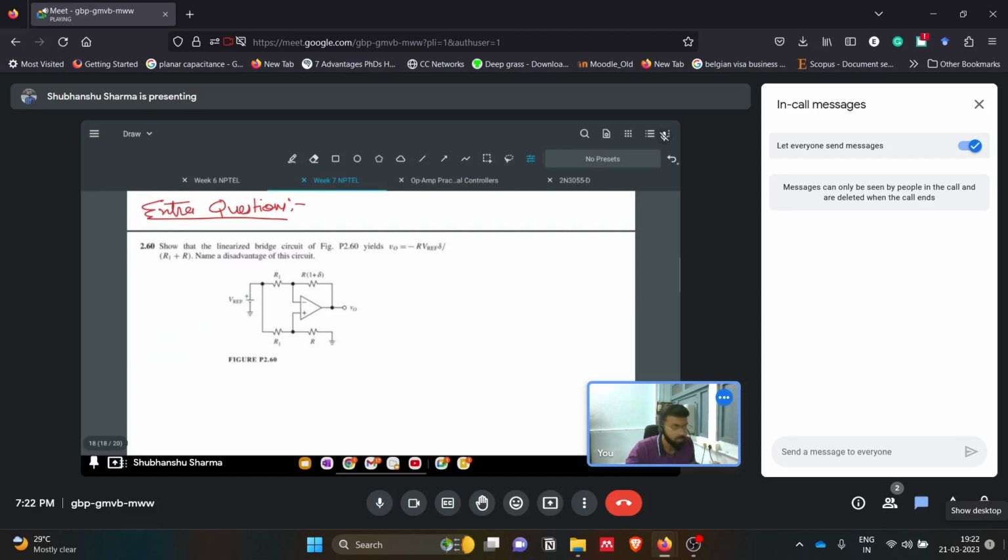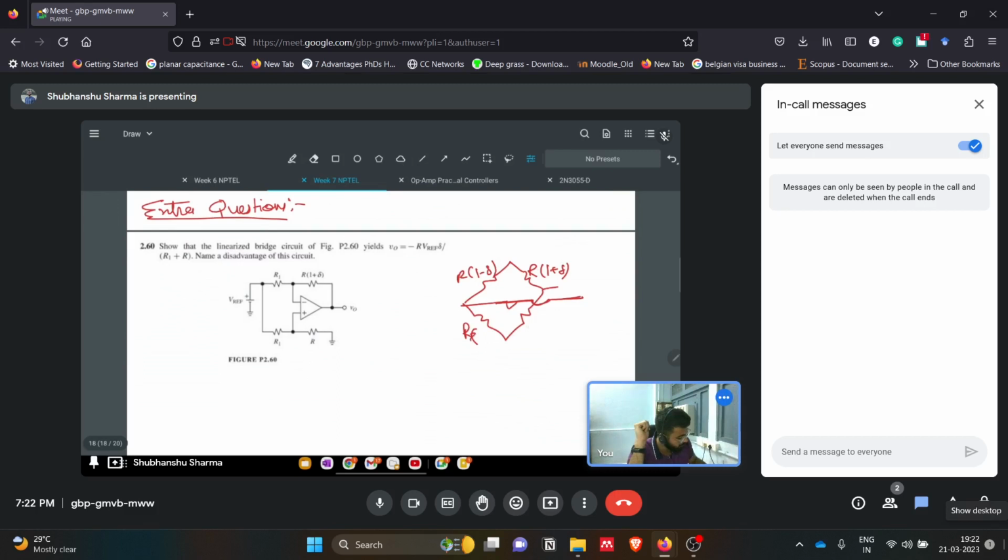If you want to use strain gauges in bridge form, let's say we have this four-resistor bridge circuit. These are all strain gauges. Let's say this is R1 plus delta, and this is R something.